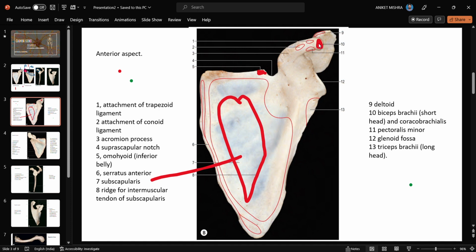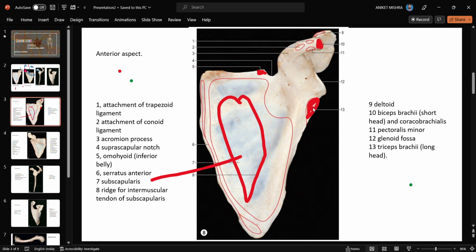From here the short head of the biceps brachii and the coracobrachialis are going to originate. Another origin for one major muscle is the triceps brachii. So we're going to talk about the triceps muscle.